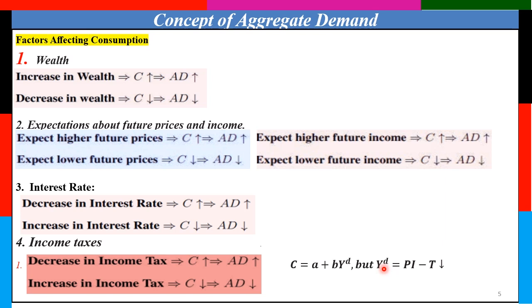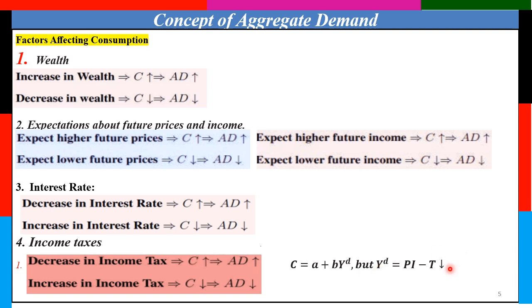So how can income affect consumption? When YD is increasing, consumption is increasing. YD is increasing when the tax is decreasing. When the tax is decreasing, income is increasing, and income increasing means consumption is also increasing.